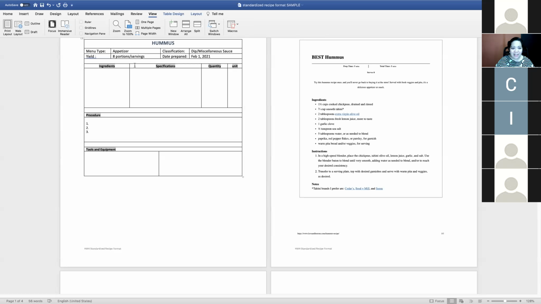No. Going back to the definition of a standardized recipe, if you're using the metric system in weight, and not measuring by cups, what can you say?